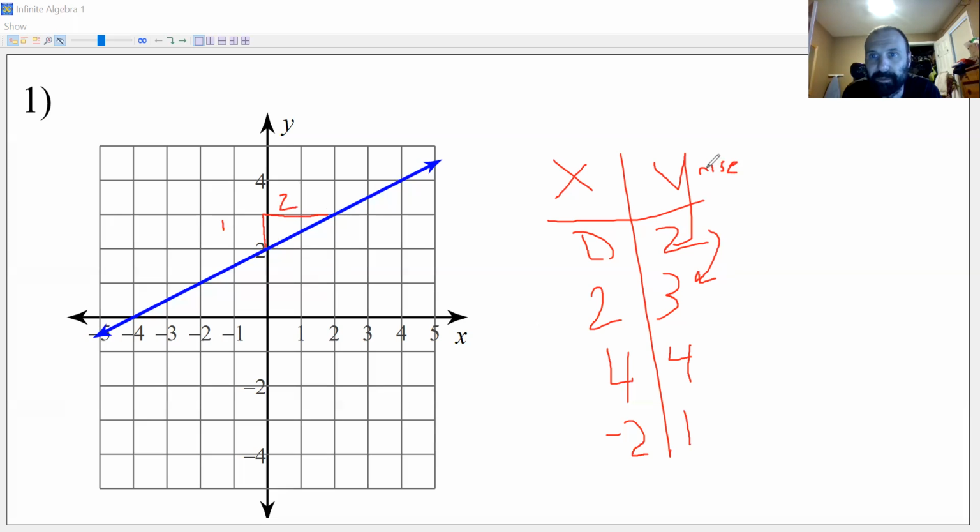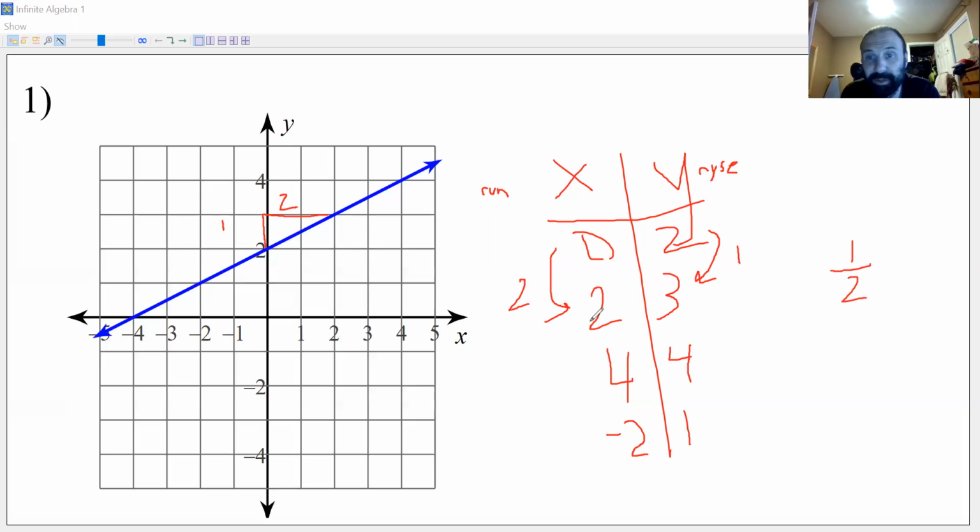Sometimes we call it the rise, make it a Y to remind us that's the Y value. And then the run is the X value. So here, if you can look at this, to go from 2 to 3, you go up 1, and to go from 0 to 2, you go over 2, and there's my slope, 1 over 2. All right, so the slope of 1/2.